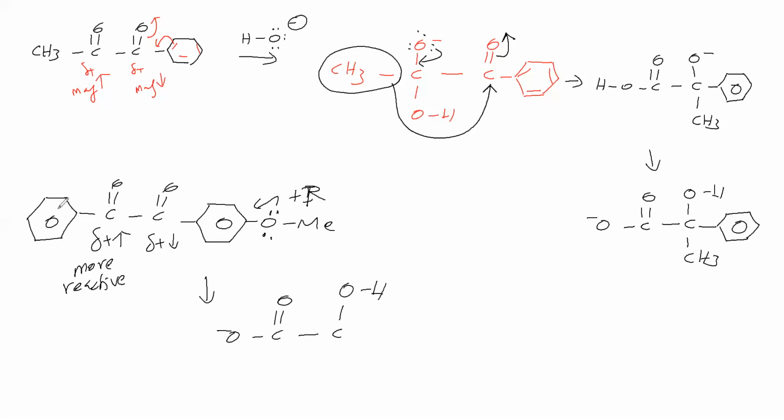Therefore here we write the phenyl ring, the paramethoxy phenyl ring. This is the product, with COO minus here.